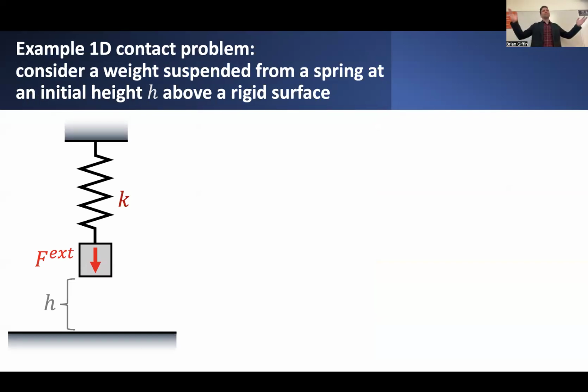Up to this point, we've really been dealing with simple situations where we can idealize some structure as having some elastic properties, maybe some external forces applied to the structure at different joints.